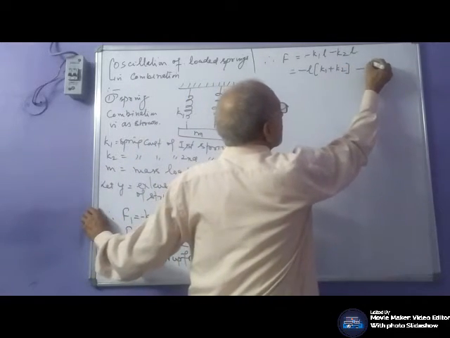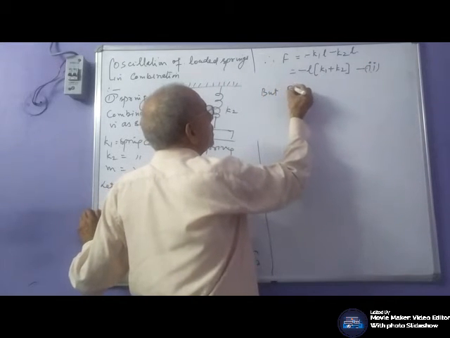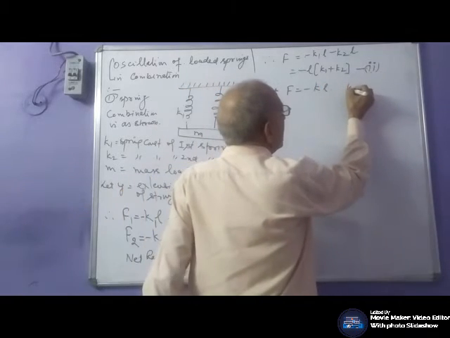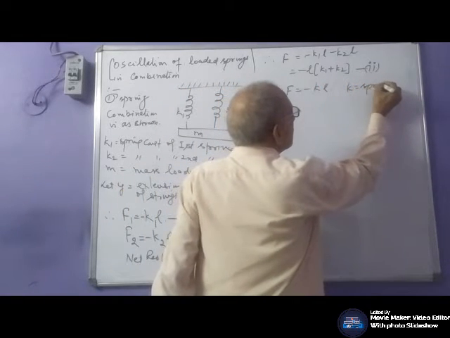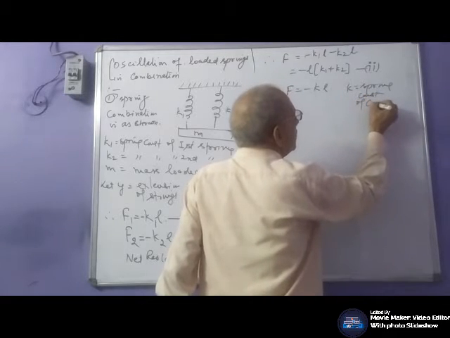Third. But F is minus KL, where K is the spring constant of the combination.